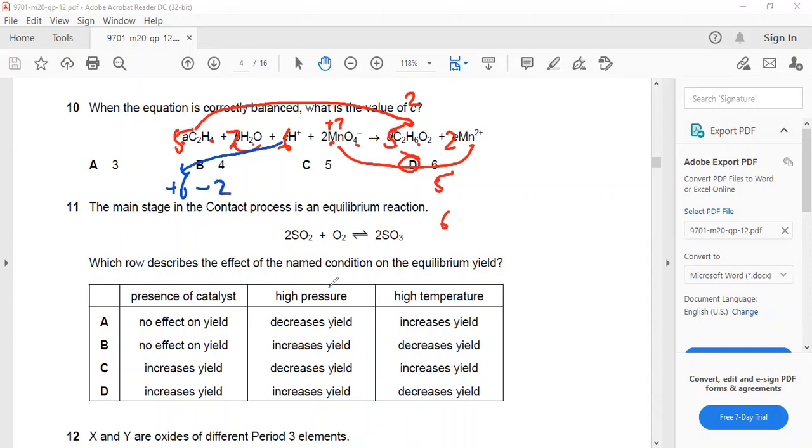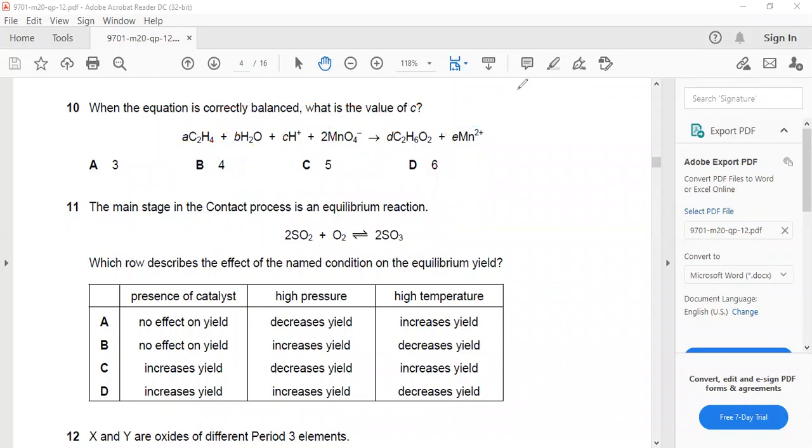So plus 6 minus 2 is plus 4. Let's see if this side is plus 4 or not. Yes, 2 times 2 is plus 4. So charges also balance. It means our equation is correct.